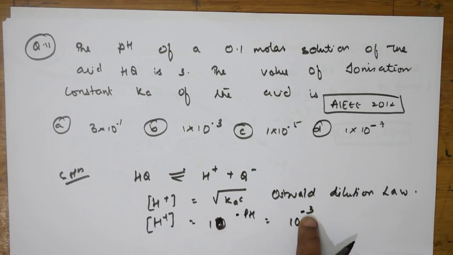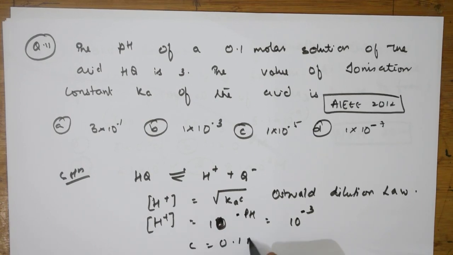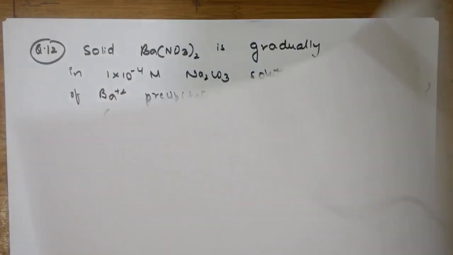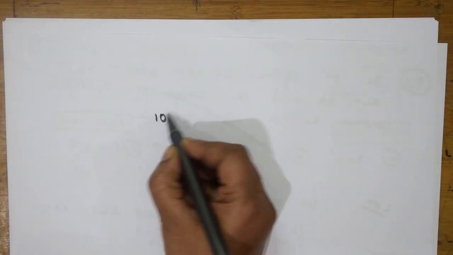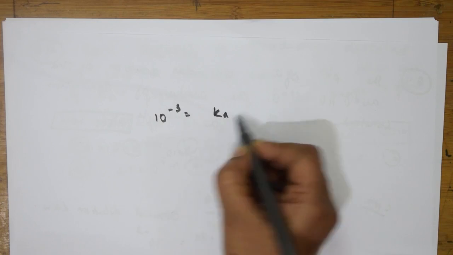So now what is the pH value? 3, because they've given 3, so minus 3. What is the concentration C? C is 0.1 molar. Substituting in this formula, I get 10 raised to the power of minus 3 equals root of Ka into 0.1.